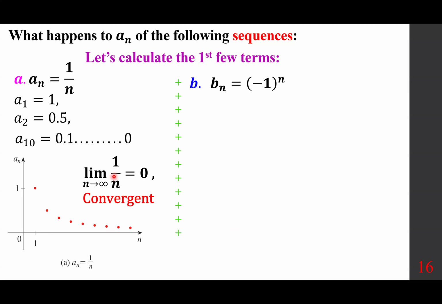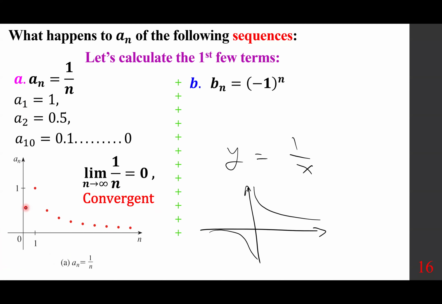And if it was 1 over x, you would remember the graph of y equals 1 over x. Again, just reminding you, y equals 1 over x looks like that. These two pieces. This is 1 over n, and n is just whole numbers, so it looks like a bunch of dots.